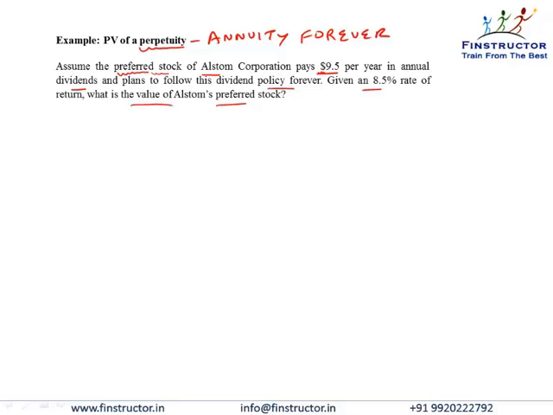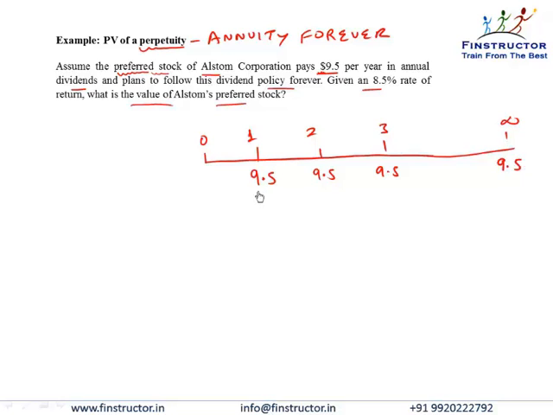So let's first draw the timeline of the cash flows. At t equal to 0, I'm not getting anything. At t equal to 1, the first payment comes of $9.5. At t equal to 2, another 9.5, so on and so forth till infinity.